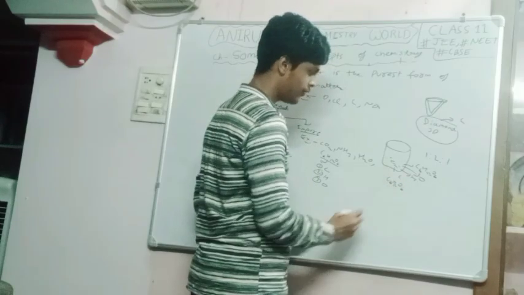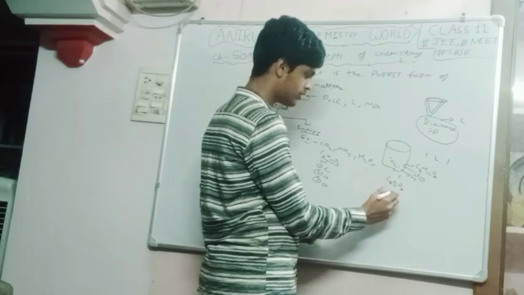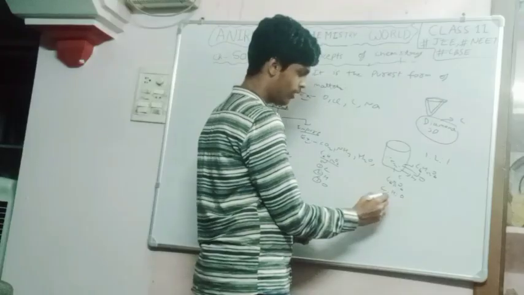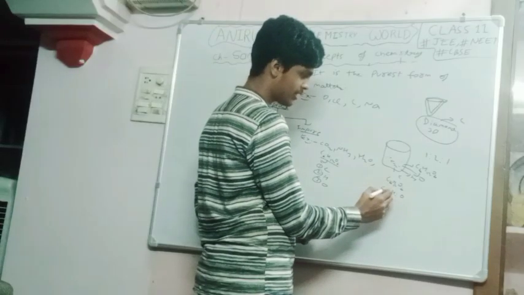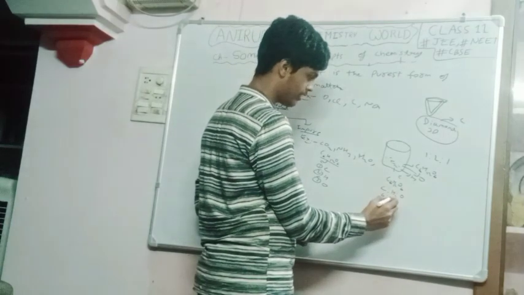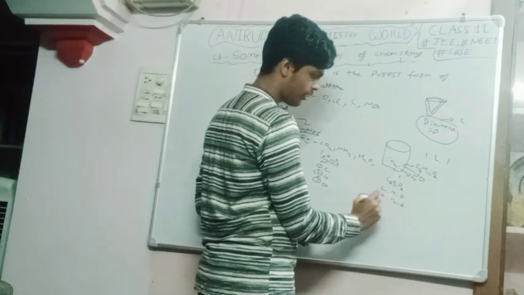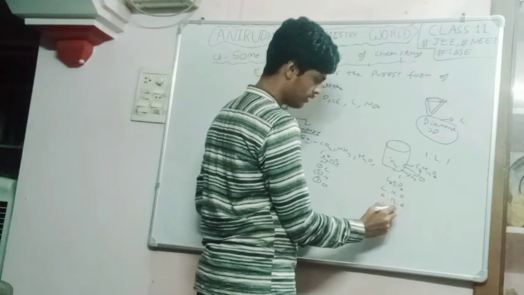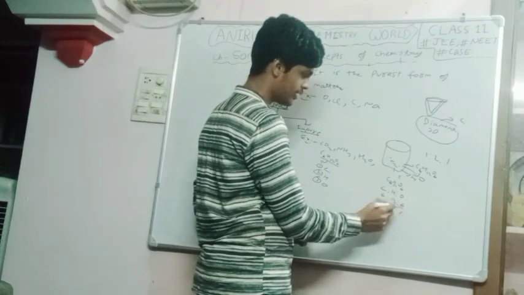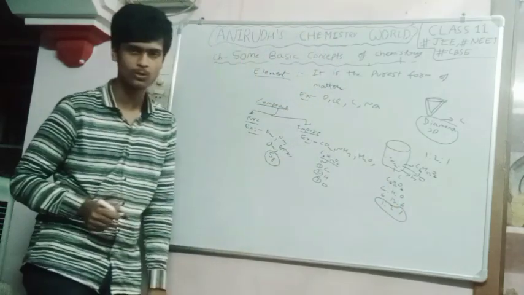If you want to calculate the ratio of carbon to hydrogen to oxygen in C6H12O6, how many times is carbon taken? 6 times. Hydrogen is 12 times. Oxygen is 6 times. If you cancel with the 6 table, 6 1s are 6, 6 2s are 12, 6 1s are 6. 1:2:1 is the ratio of C6H12O6. Okay.